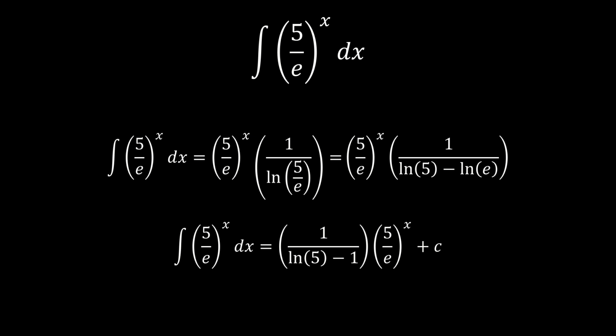So again, we quickly get to our integration of 5 over e all raised to x dx being just 1 over the natural log of 5 minus 1, my apologies. The final solution just becomes 1 over the natural log of 5 minus 1 times 5 over e all raised to x plus our integration constant c.